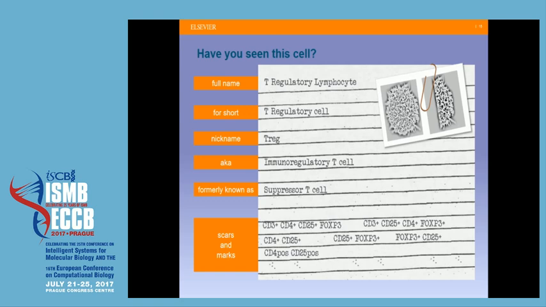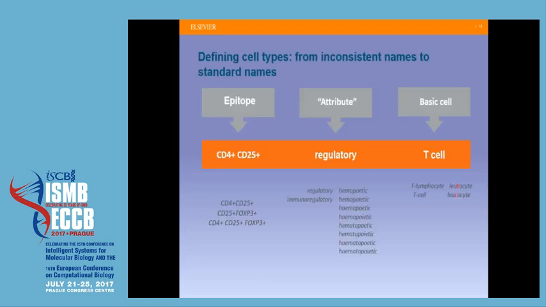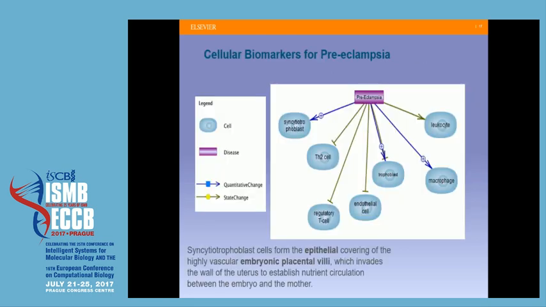If you're an immunologist, you want to identify them by the cell surface epitopes, but even there, there's a great deal of variety in how different scientists identify a Treg. So our experts have manually standardized this, so virtually any reasonable term you could use for a T regulatory cell will be recognized and returned. This is just an example of how useful this is.